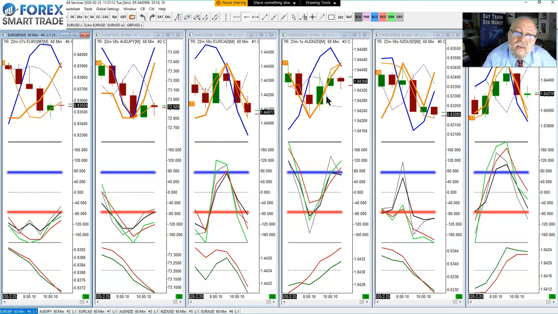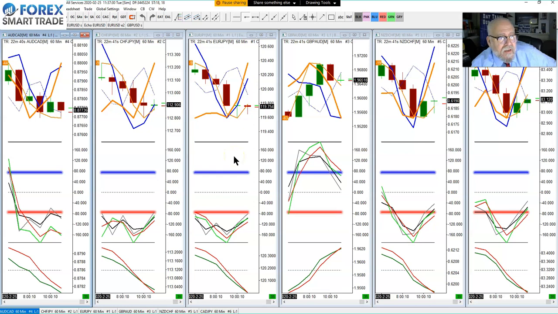AUD NZD. NZD USD minus 40 is no. Euro AUD minus 77 is a no. Take one more look. The reason I'm continuing to look is because if we find something better than that Euro USD, we'll take it. Minus 44, not close enough.